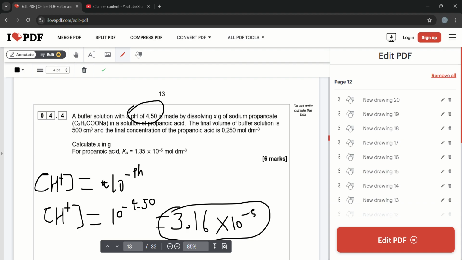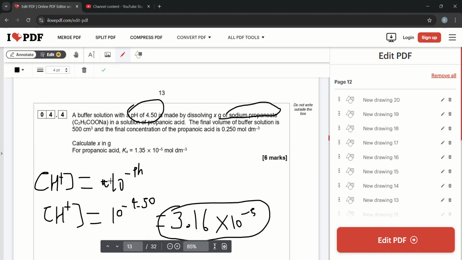Now let's rearrange the equation. What do we need to find? Sodium propanoate, so let's find the concentration of sodium propanoate.